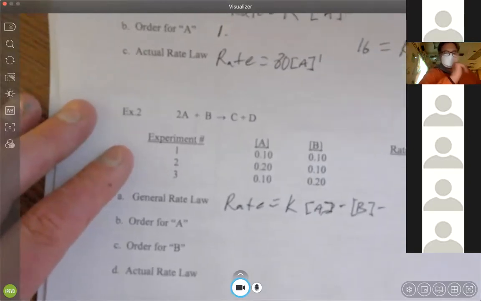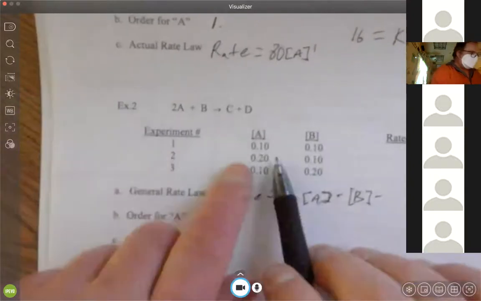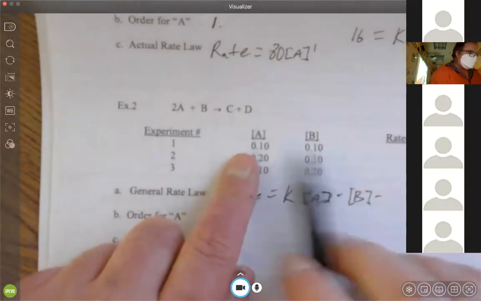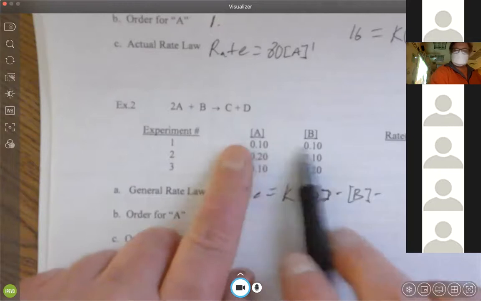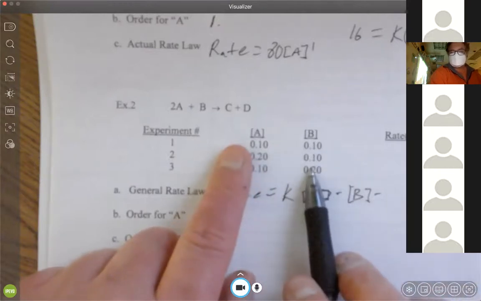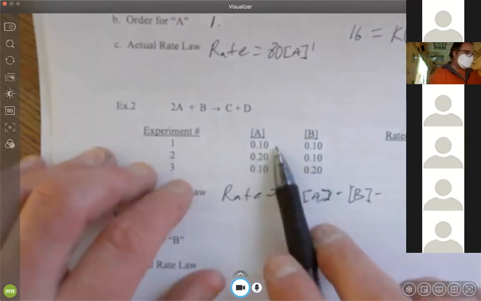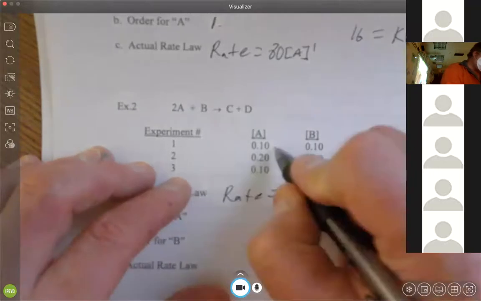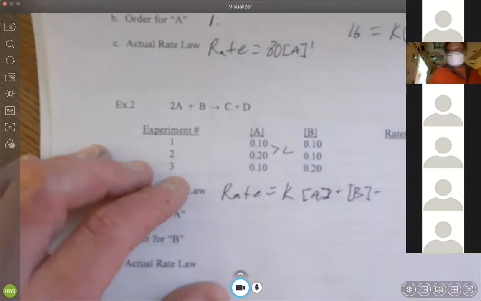If I want to find how A affects the rate, I want B to be constant, the same, so it does not affect the rate. So I'm going to use trials 1 and 2 for A. 0.2 divided by 0.1 is 2. 4 divided by 2 is 2.